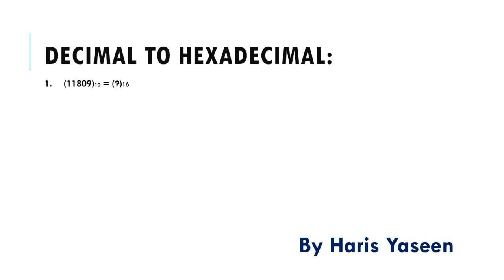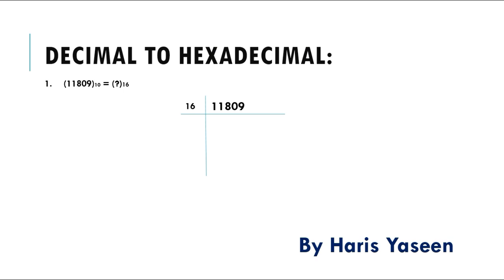Here the conversion system starts from decimal, so what do we do? We take LCM. Yes, of course, take LCM. Here 11,809 is divided by 16. So 1 is not present in the table of 16. What do we do? Take another digit. The first one is 1, the second one is 1. 1 concatenated with 1, the number is 11, and 11 is also not present in the table of 16.